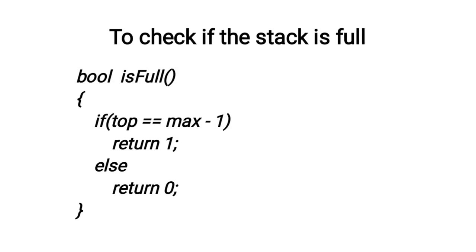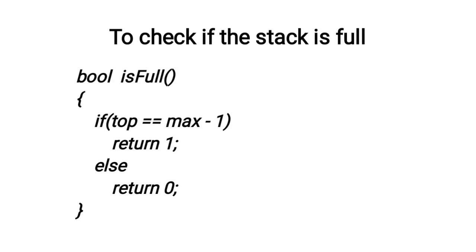Then inside the block of the function, I've just used an if-else statement. My if-else statement goes like this. Inside the condition of the if-else statement, I've just put is top equal to max minus 1. I'm just comparing top with the last position.